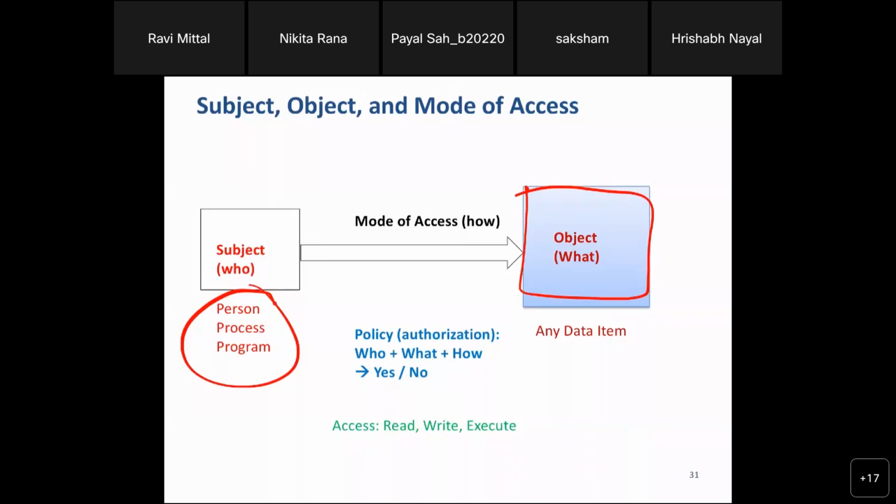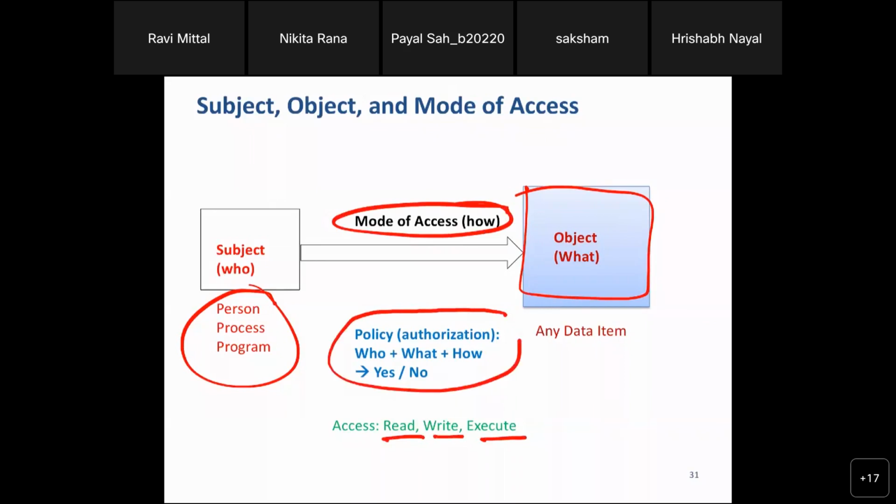There has to be a mode of access, basically how. Access could be read, write, or execute if it's a data item, and it is governed by policy, which is authorization: who all can do what.